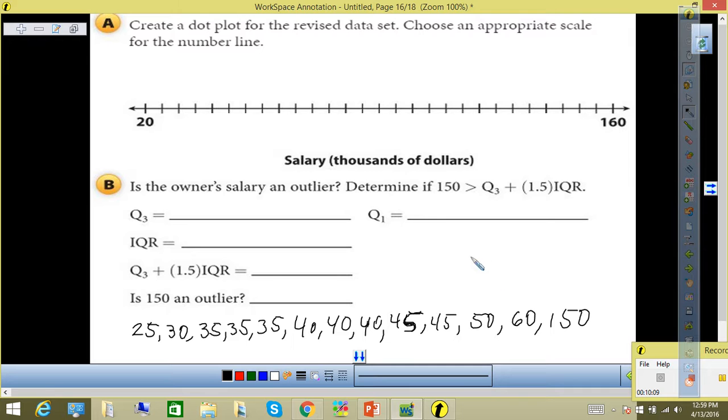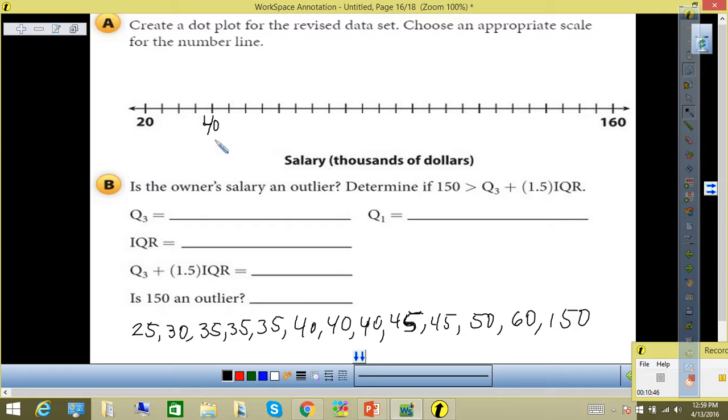All right? So, before we do anything else, we're going to create our dot plot. So, check this out. Let's scale this by 20, so watch. Look up, please. We go 20, 25, 30, 35, and I'm going to mark 40.